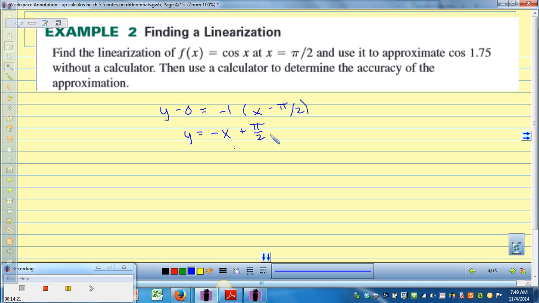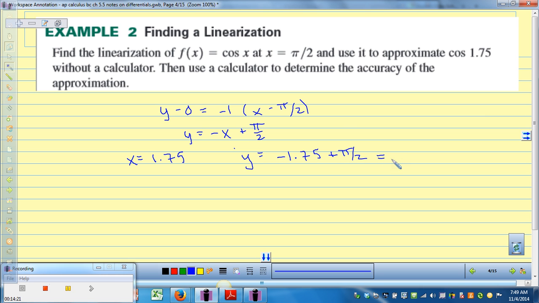Okay. And then use it to approximate cosine of 1.75. So what do I do now? What's my x value? It is 1.75 in this case. So y equals negative 1.75 plus pi half.